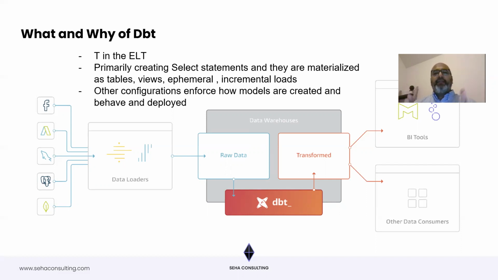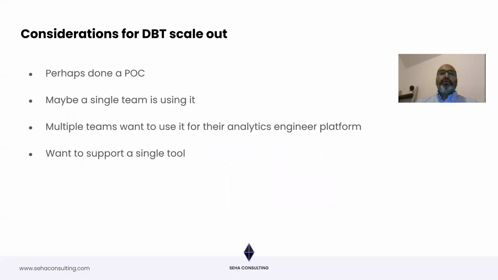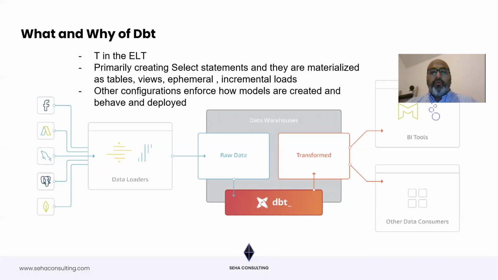And it's in that middle layer where you're writing queries against your data warehouse. So, considerations for DBT scale out. As organizations explore DBT as a tool, one of the key things they look at is that if you have a data warehouse, you want to use the compute power of your data warehouse.